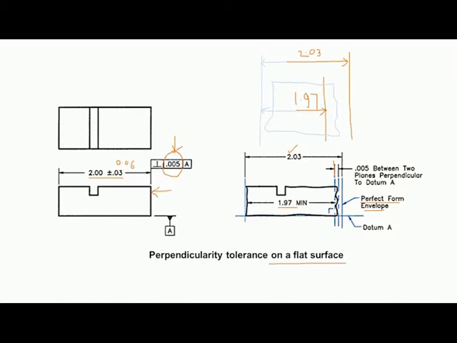So, the total size is within the limits. Okay, now we have to consider this surface to satisfy this perpendicularity tolerance.